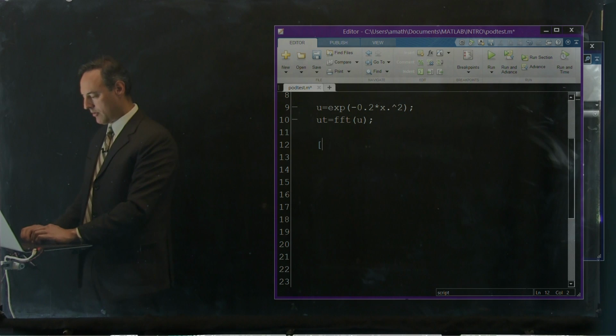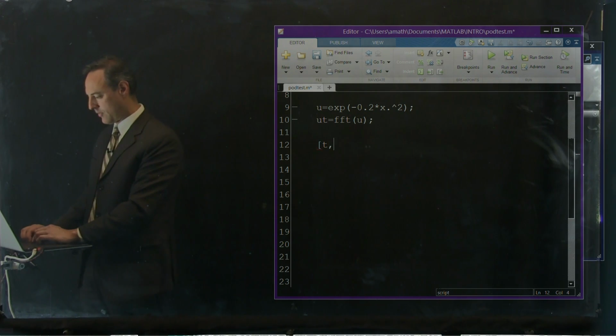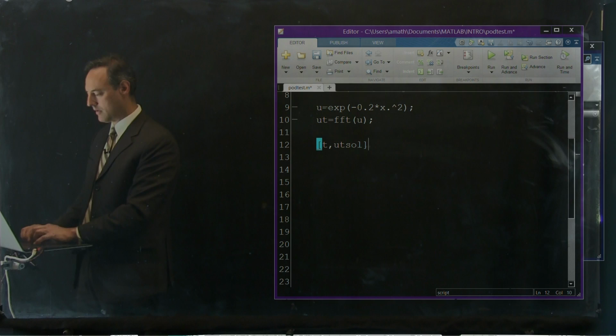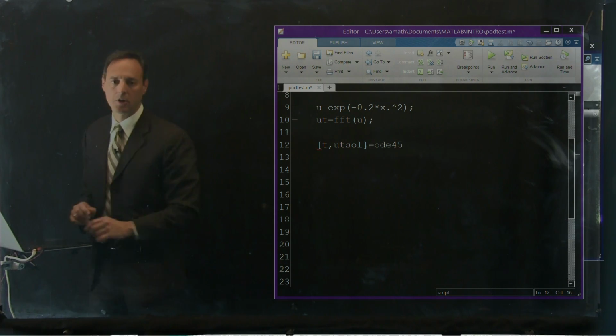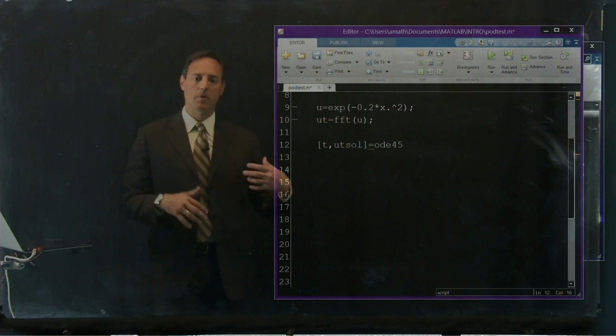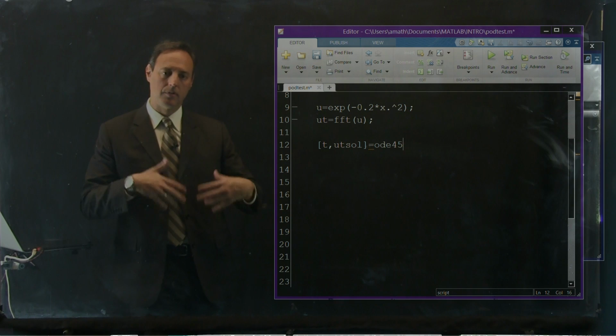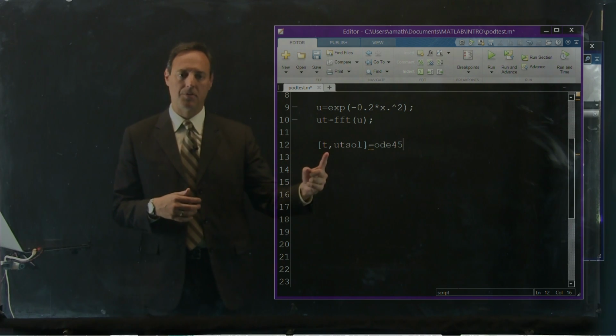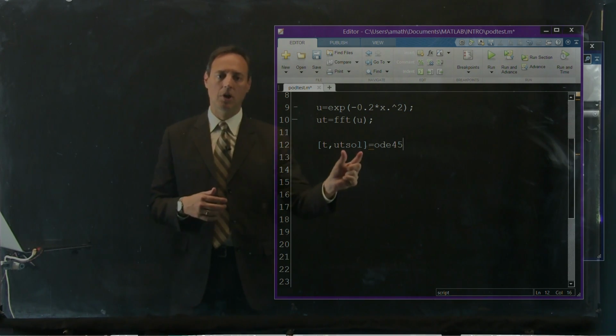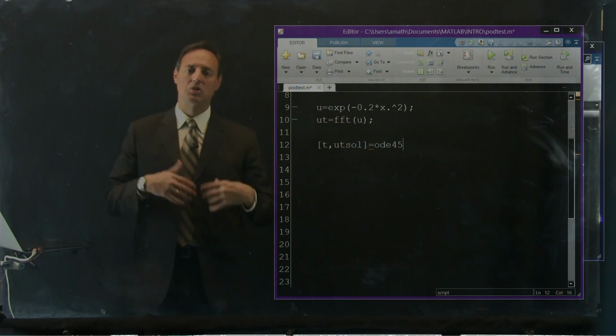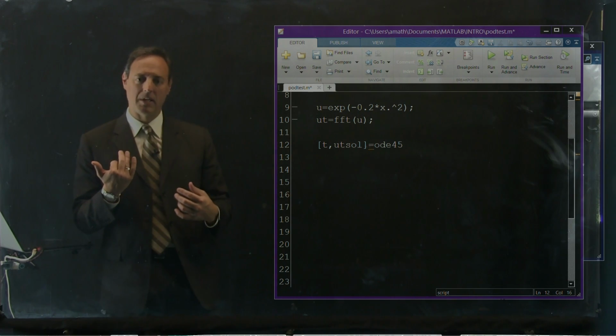So what we do now is we're going to pull out the solution from ODE45. So we're going to throw it into ODE45 to advance the solution. It's going to come out with the time and UT-sol. What UT-sol is, it's the solution in the transform domain.